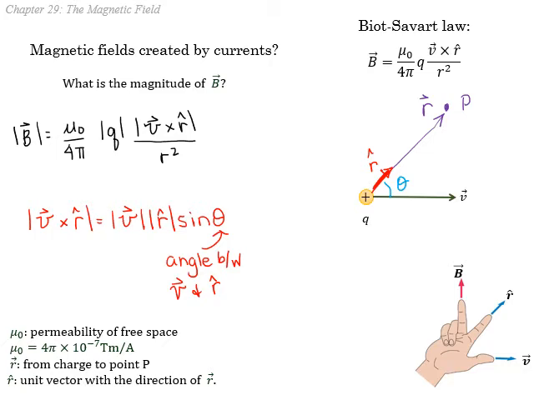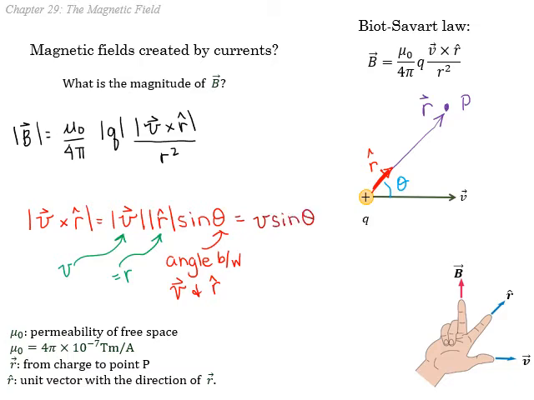Okay, next little thing we might point out, our unit vector R hat has a magnitude of 1. And we'll write that the magnitude of the velocity is the speed v. Okay, let's put all those things together. That means that the magnitude of v cross r hat is v times 1 times sine theta.